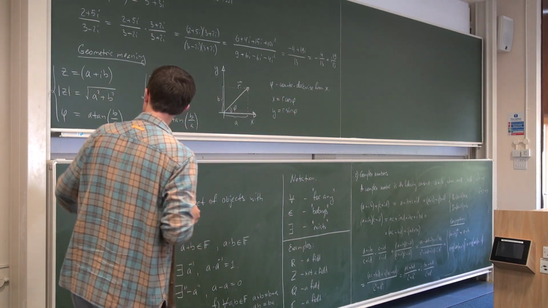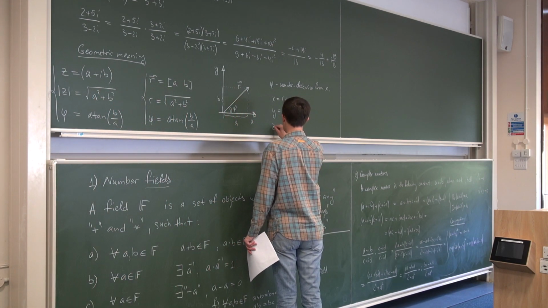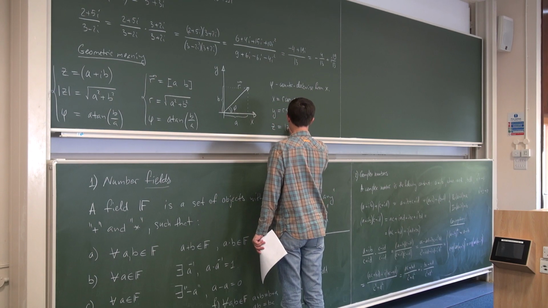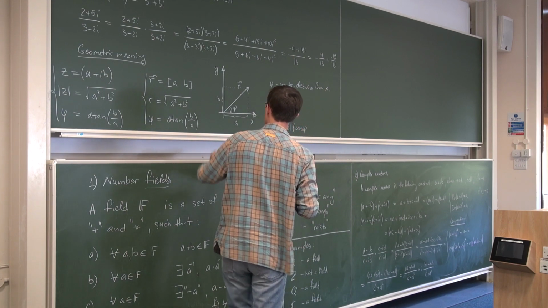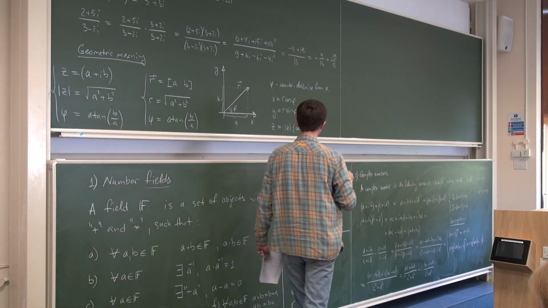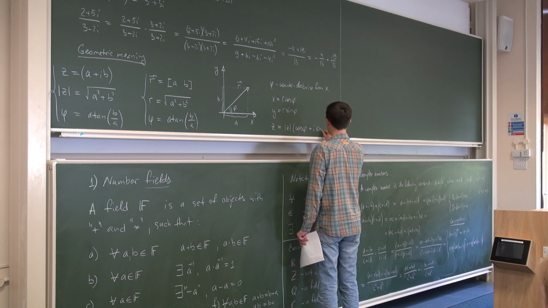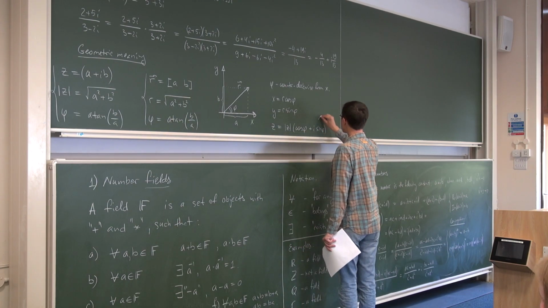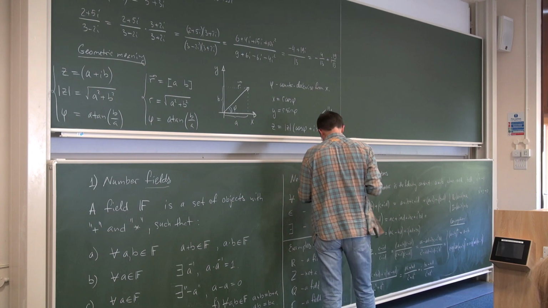And so we can rewrite our original z as its modulus times cosine phi for the real part, because that's A, plus i times sine phi for the imaginary part. So this is called the polar form of a complex number.